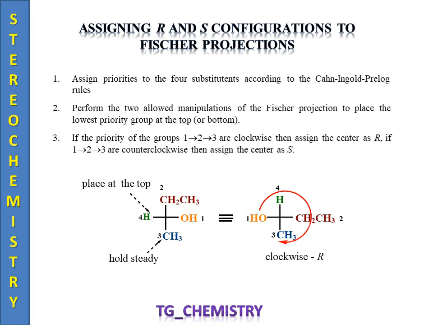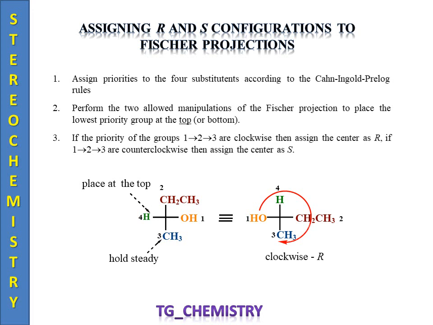For example, here we need to hold one group steady. We have said that, and say we keep the CH3 group held steady. And the fourth priority group, hydrogen, for this example molecule, we put at the top. We place that hydrogen atom at the top. So on the right hand side, the molecular orientation in the Fischer projection now becomes that way.